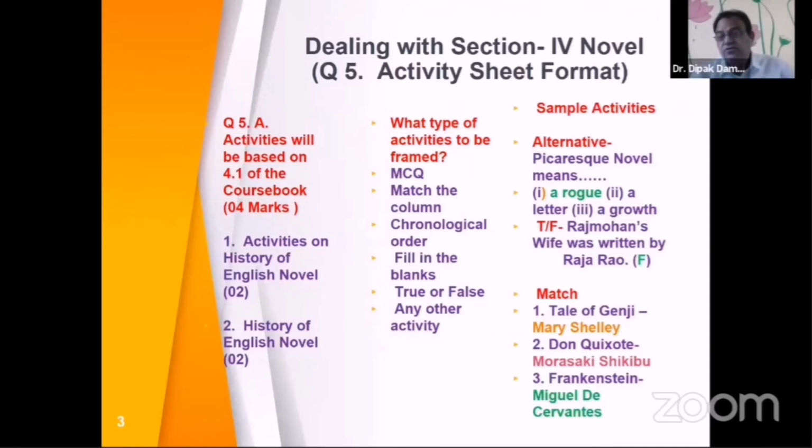So, Rajmohan's Wife was written by Raja Rao. It's false. It's Bankim Chandra Chattopadhyay. In this way, I have given one activity, match the pair. Here I have not drawn the table, but you can understand these activities can be framed for question number 5A: 4 marks, 2 activities, carrying 2 marks each.